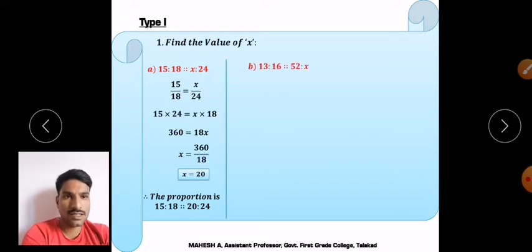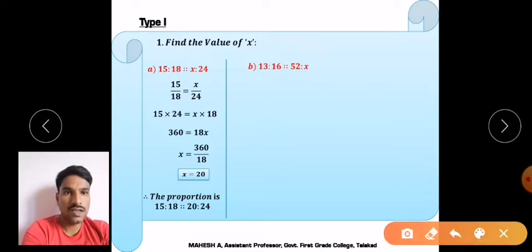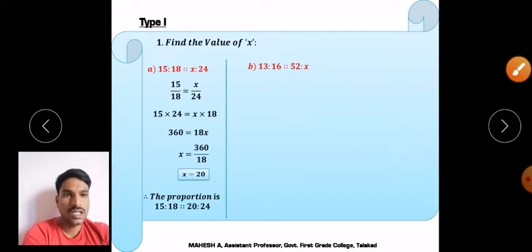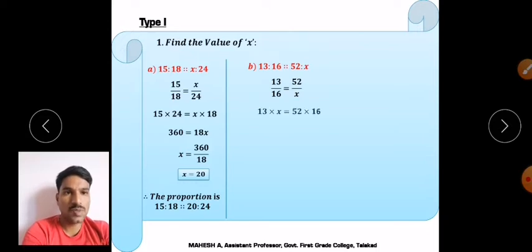Next, the second illustration, 13 is to 16 is equal to 52 is to x. As I said, first you should convert into the fraction form. 13 by 16 is equal to 52 divided by x. If you cross multiply it, see 13 into x and then 52 into 16.